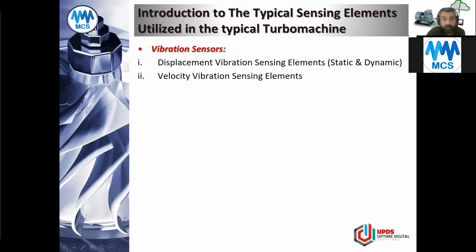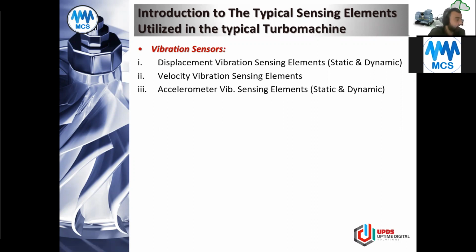The third type of vibration sensing element is the accelerometer, which is the most common one in the industry. By the way, statistically, we can say the total global market share of the accelerometer is more than 80% of vibration sensors. But the displacement probe or proximity probe is very famous because it controls very critical assets, very critical rotating equipment machinery.